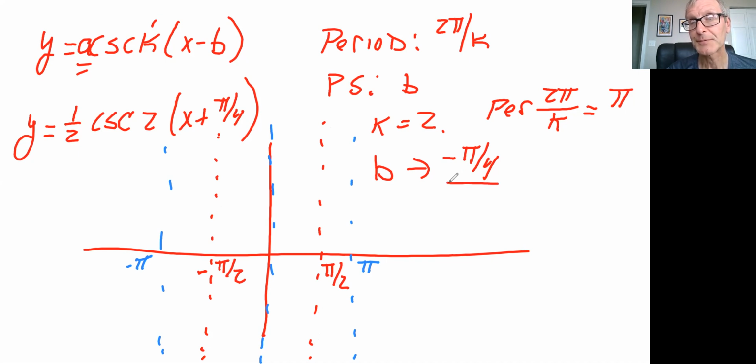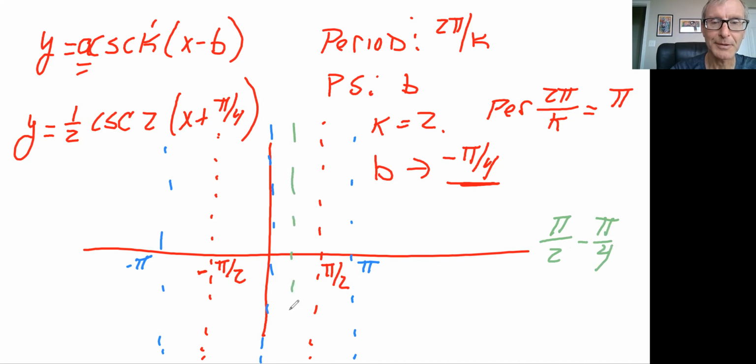So what does this minus pi over 4 mean? Well, that means, and let me do that one in green, that we are shifting everything by 45 degrees, or minus pi over 4. So we're shifting that asymptote by pi over 4.